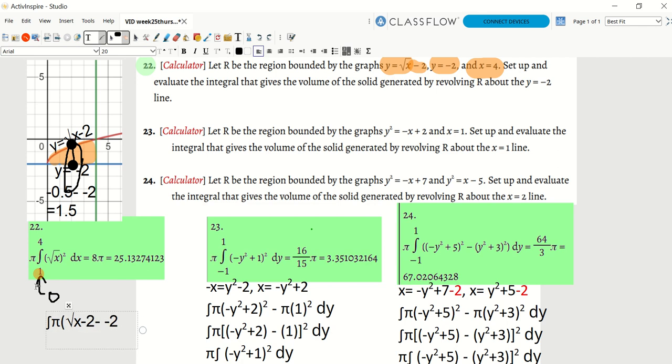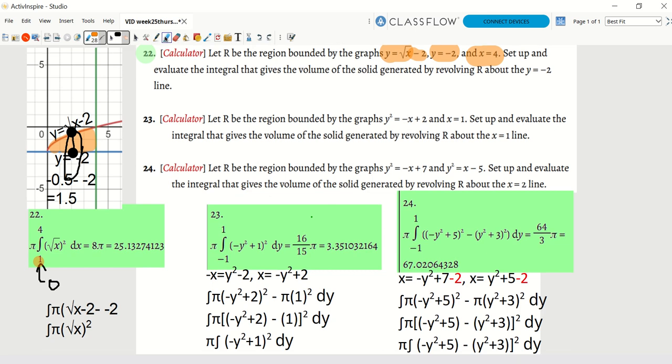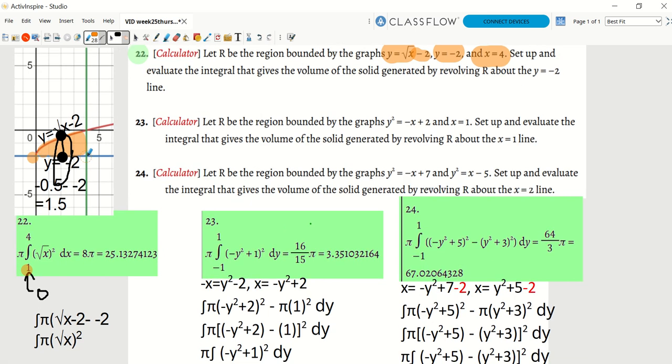Then you just extract the pi outside the integral and you can see what they got over here. It matches up with what they got. It just should say 0 right here from 0 to 4, because your lower and upper bound is 0 and 4. So that's number 22.